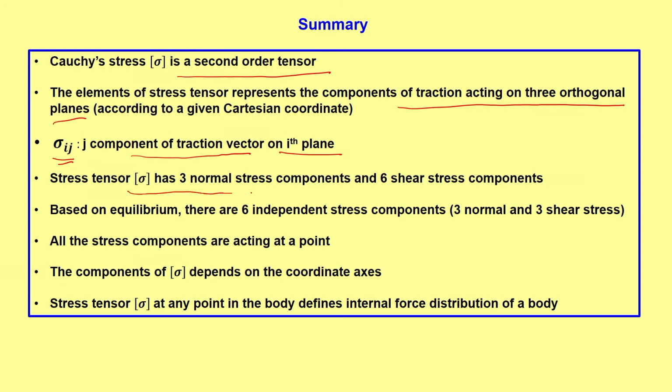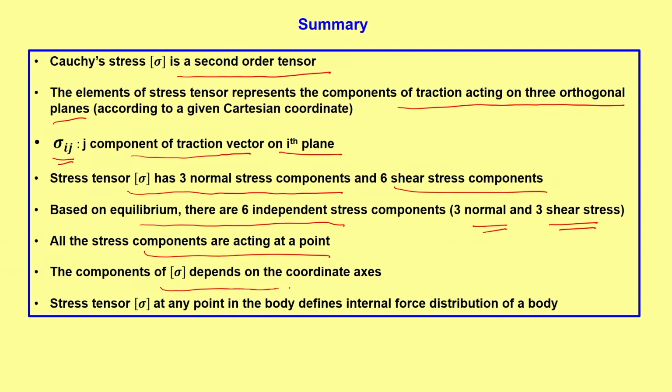Stress tensor sigma has 3 normal stress components and 6 shear stress components. But based on equilibrium, there are 6 independent stresses, where 3 are normal and 3 are shear stresses. All the stress components are acting at a point, which is a very important point.